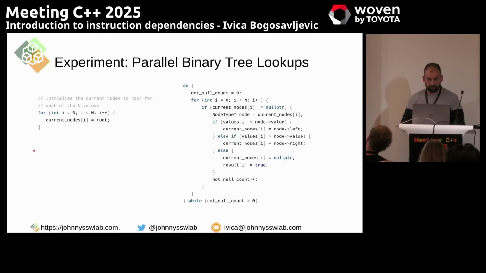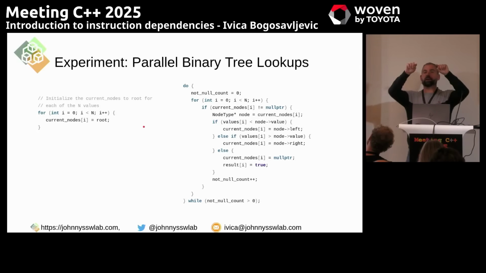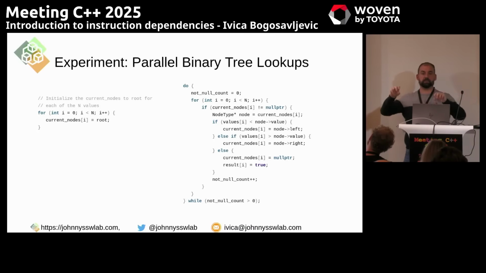So how does that look? Here is the code. Let's make it very simple. Say you want to look up two values in parallel. You start from the root and move down toward the bottom of the tree. The paths for these two values are not necessarily the same.